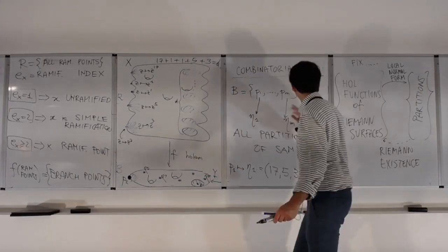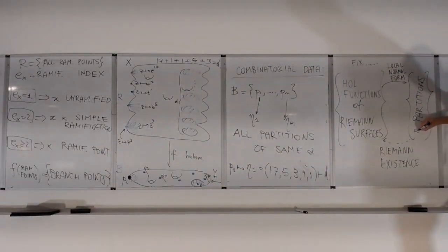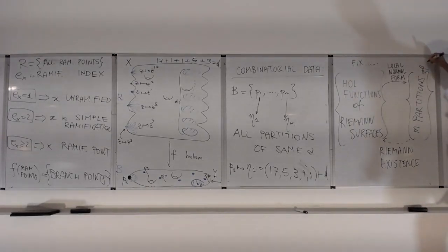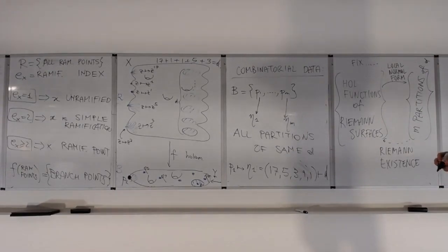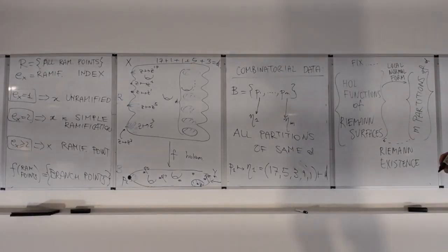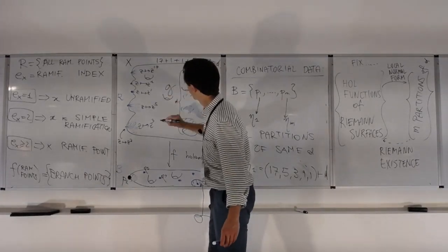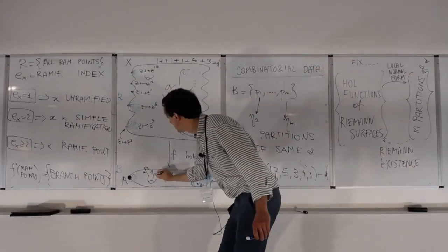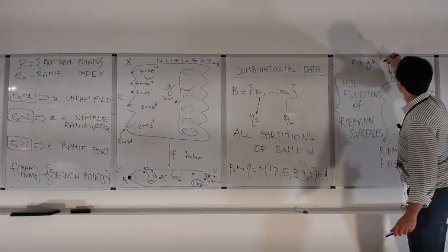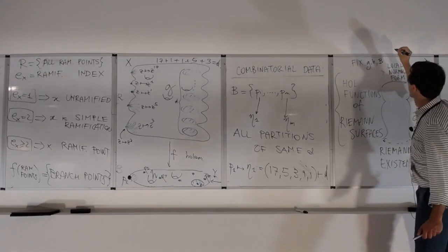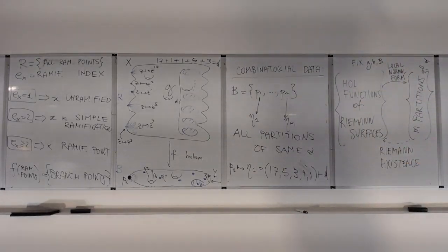And then here you will have M partitions of D. To make it more precise, you fix G, H, and the number of points downstairs. The genus upstairs, let's call it G, and the genus downstairs is H. I want to fix G and H, and also the branch points B.